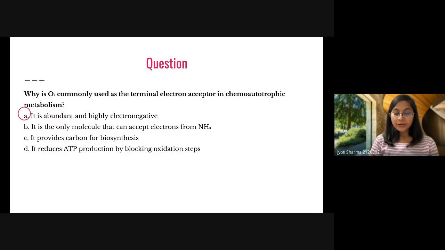Whenever there is a highly electronegative acceptor, its combination with any substrate releases a lot of energy. So for example, if this is glucose and oxygen is reacting with it, it will give CO2 plus H2O plus energy, and this energy will be high in amount, because O2 is the terminal electron acceptor that has very high electronegativity.